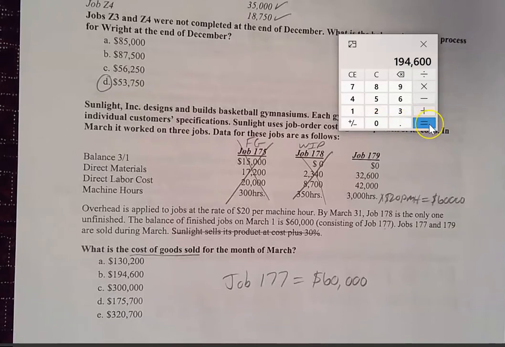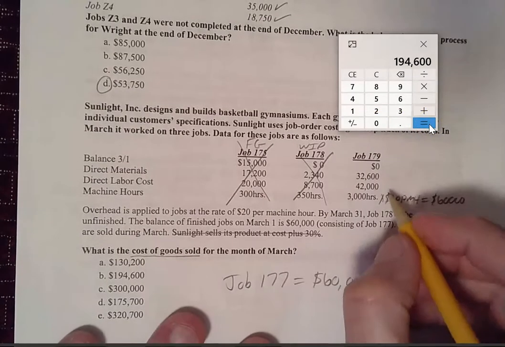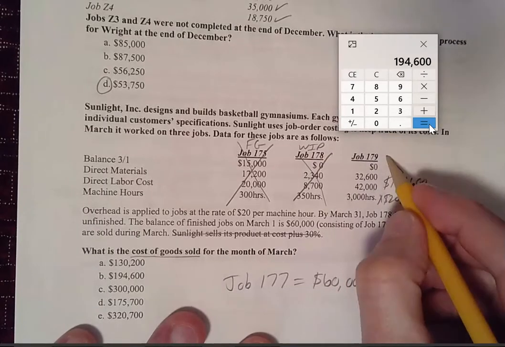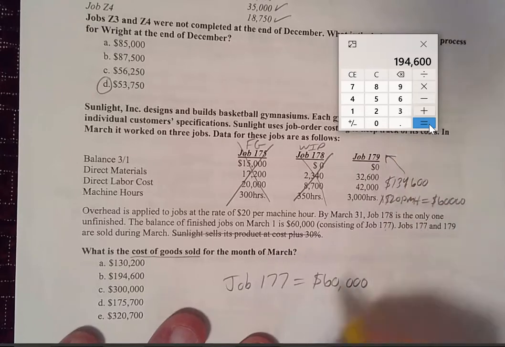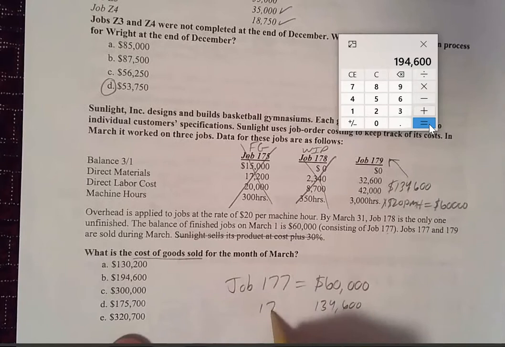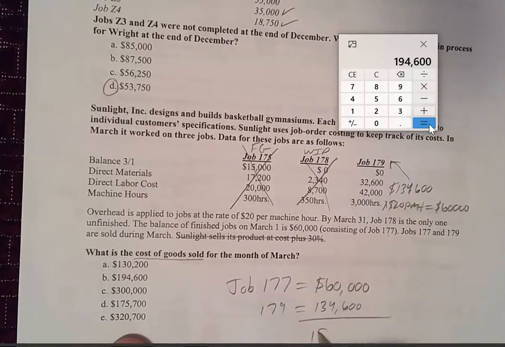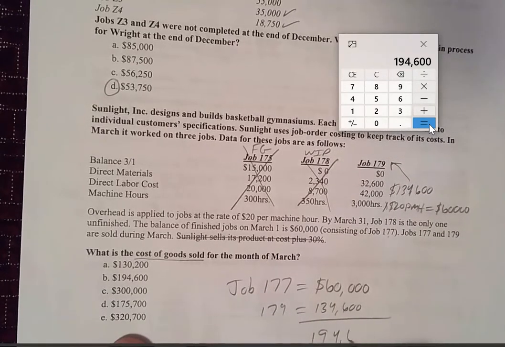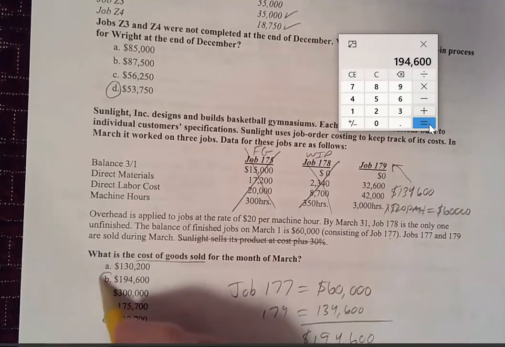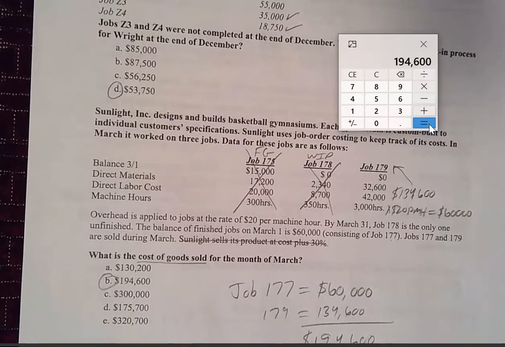That equals 134,600, our total for job 179. We add that to the 60,000 for job 177 and come up with 194,600, and that happens to match choice B. And that is all there is to it.